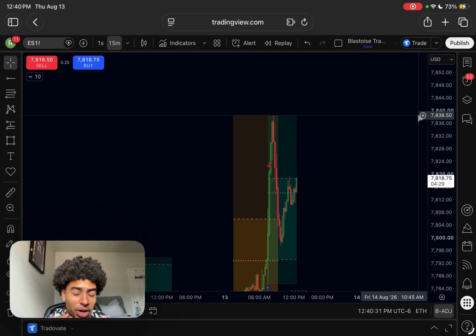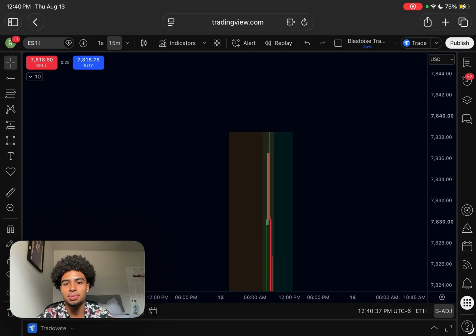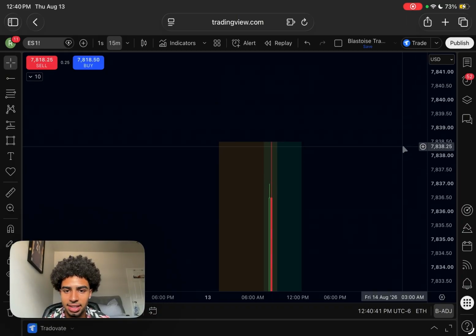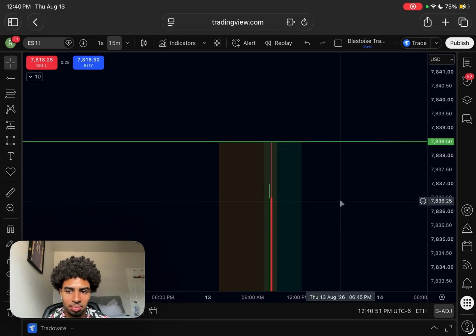If it is 0.25 off, it's wrong. So even if you have to go to the 1 minute time frame and zoom all the way in, make sure this is marked out exactly to the T. So you draw a line.